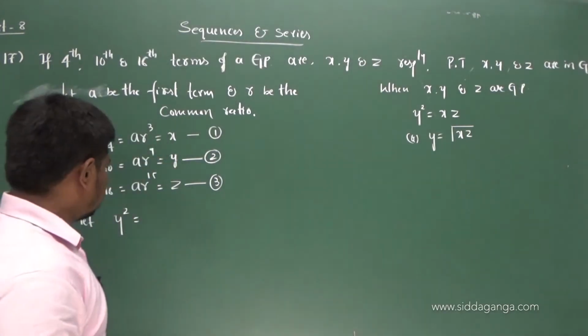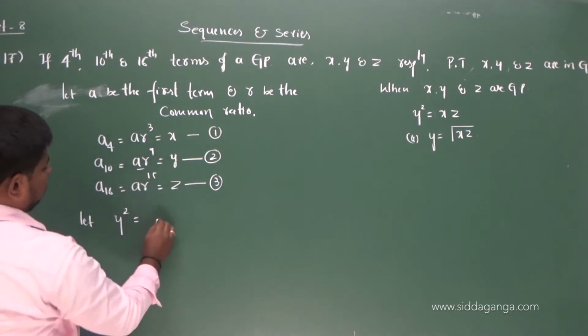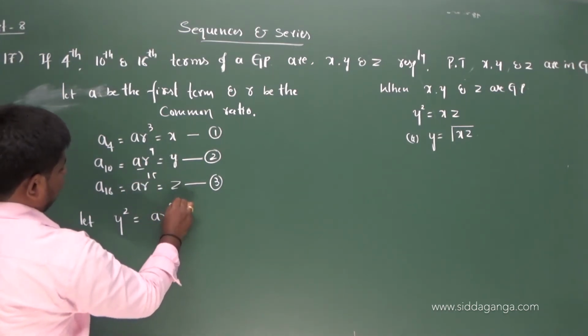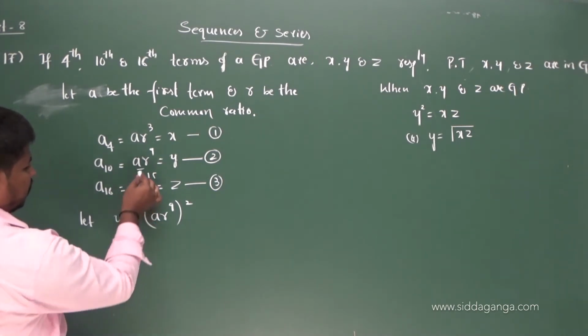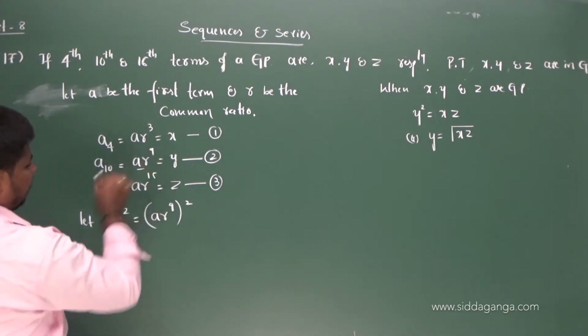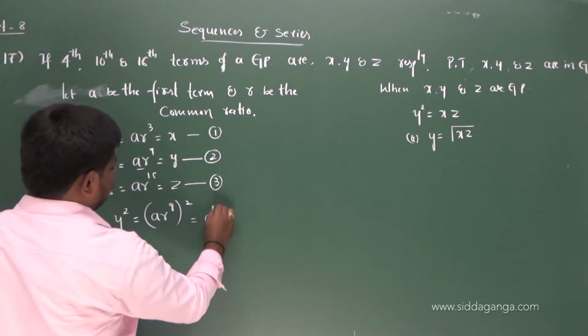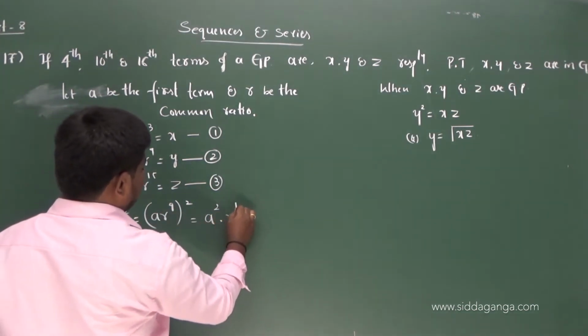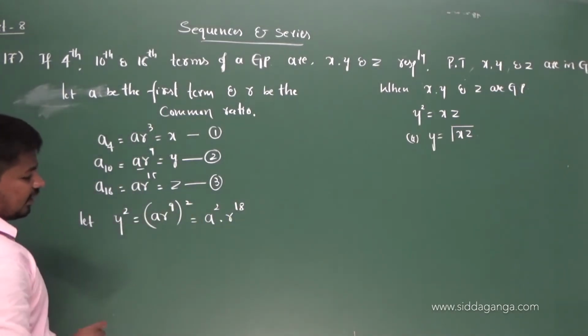What is y? Y is AR power of 9, whole square. In place of y, I substitute AR power of 9, and this becomes A square into R power of 18.